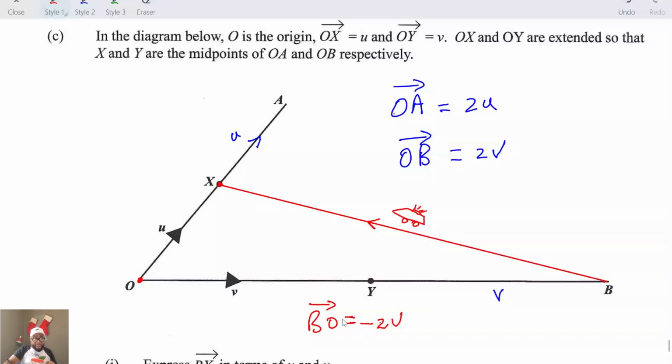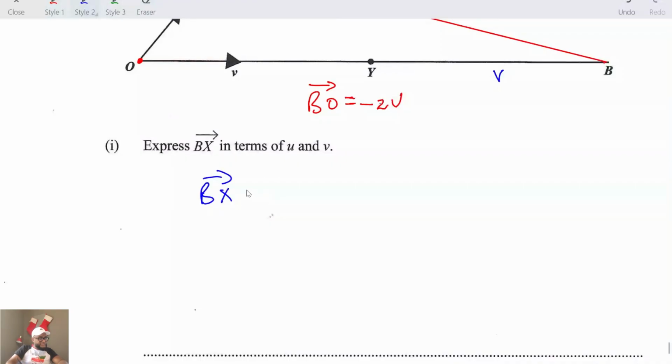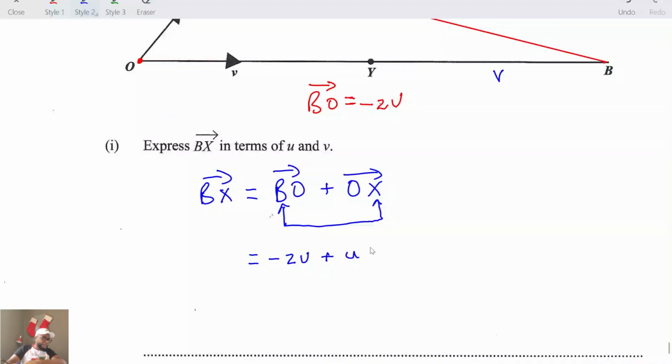Then you go from O to X, which is simply U. When they say to express something in terms of U and V, you give it in terms of U and V. So B to X: the alternative route is from B to O, then from O to X. So it will be negative 2V plus U. That's how easy these things are.